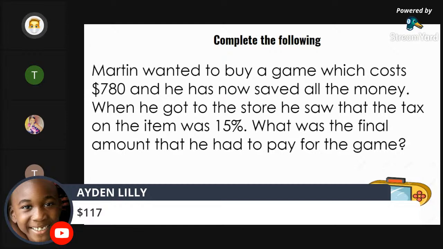All right. So you'd still end up with the $117.